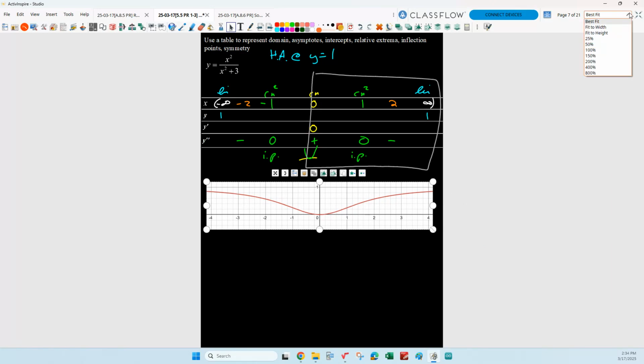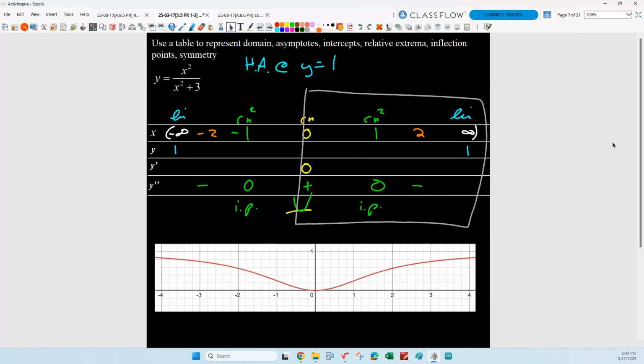Everybody agree that's consistent with our table? Look good? -1 and +1, those are the points of inflection where we change from concave down to concave up to concave down. Okay?